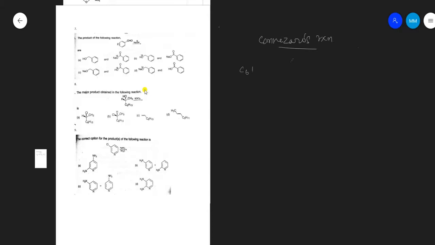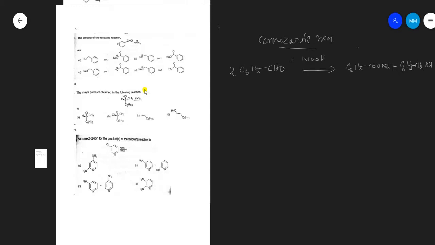Two molecules of aldehyde not having alpha hydrogen, in the presence of sodium hydroxide, undergo a disproportionation reaction. That is, one molecule is oxidized, you get acid, and another molecule is reduced, you get alcohol.